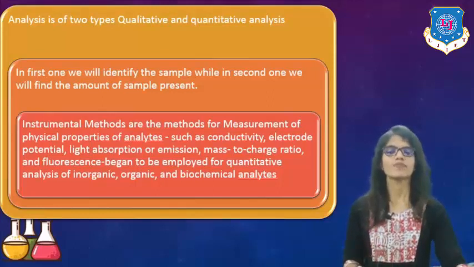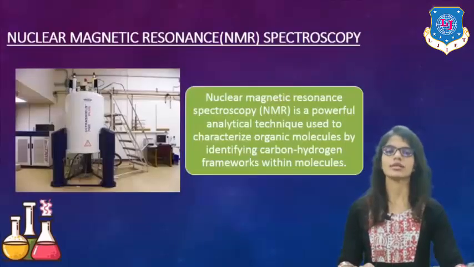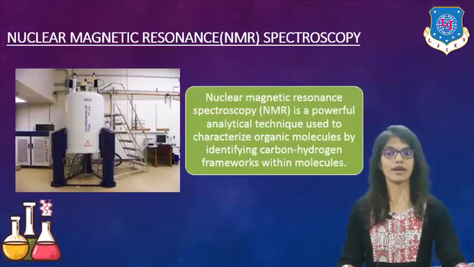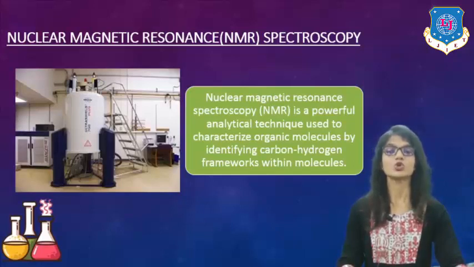Right? Now, let's begin with our first one, which is NMR spectroscopy. Here, the full form of NMR is nuclear magnetic resonance spectroscopy. Now, as you can see here, the word itself contains two different things. Number one, nuclear. Number two, magnetic. Okay?